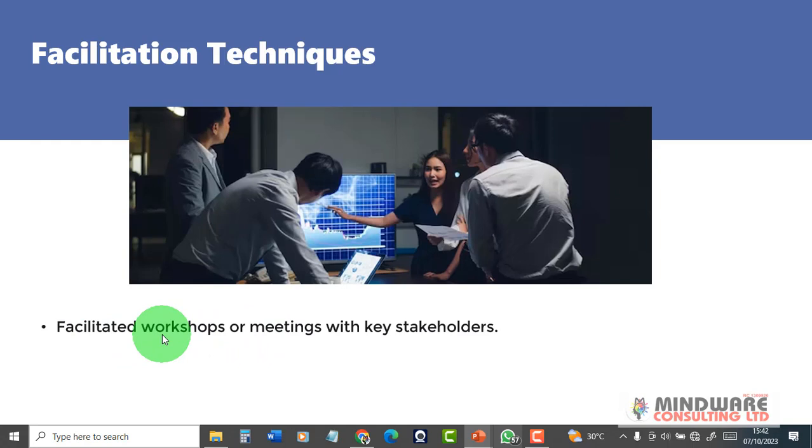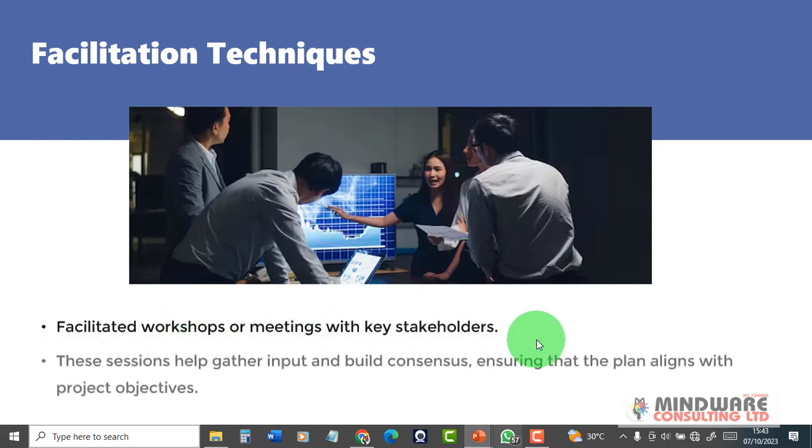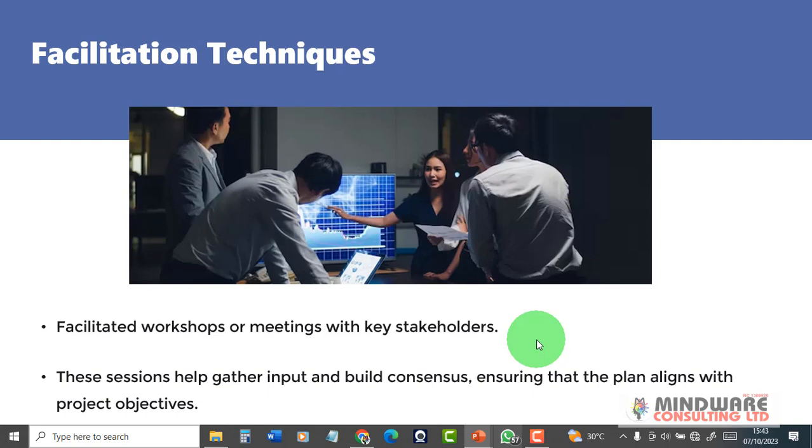You orchestrate the workshop and bring in stakeholders, subject matter experts, and influential people, and you have meetings with them, brainstorming with key stakeholders that have influence and impact on the project. So it's part of your techniques.